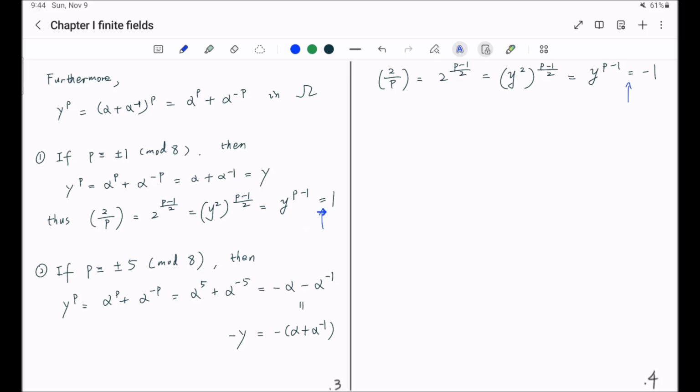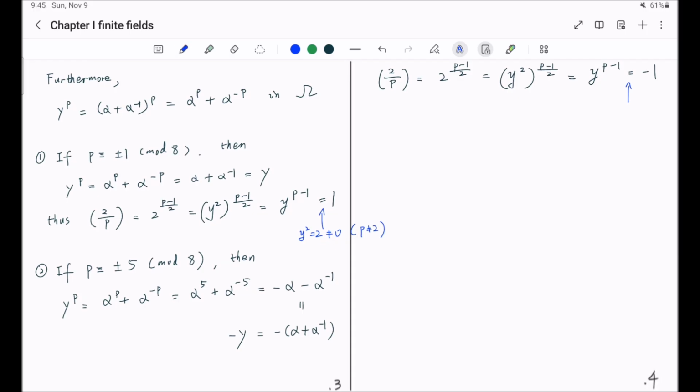To verify this, we need to conclude it from the equation y to the p equal to y. And we need to show that y is actually non-zero. Why is y non-zero? That is because y squared is equal to 2, which is non-zero. And this follows from the assumption that p is not equal to 2.